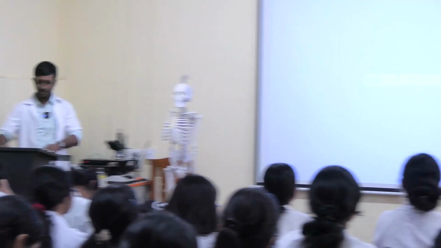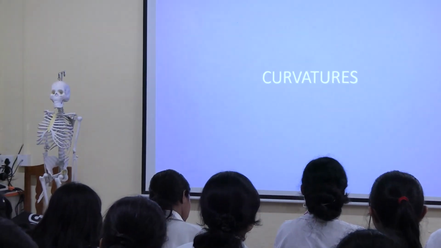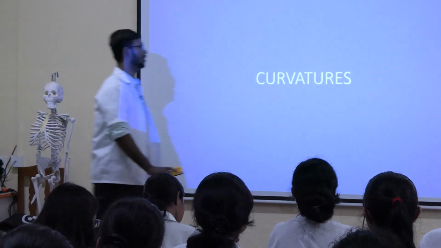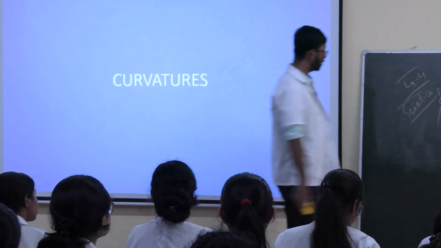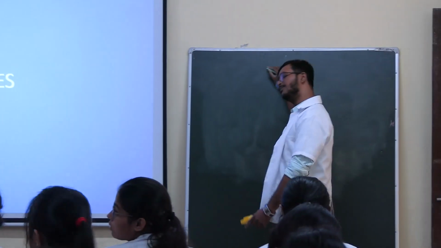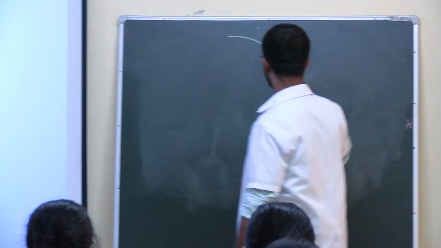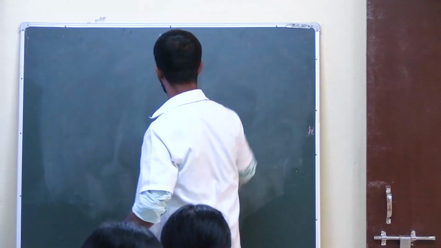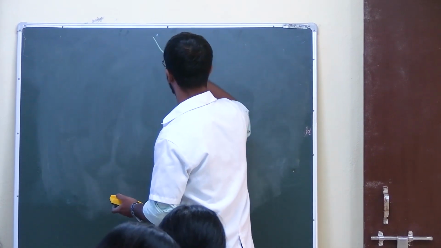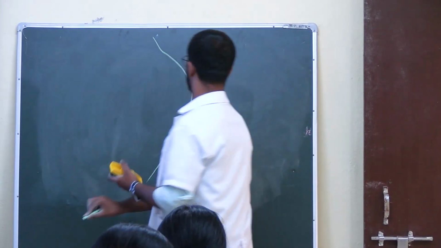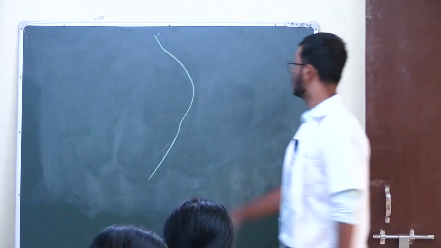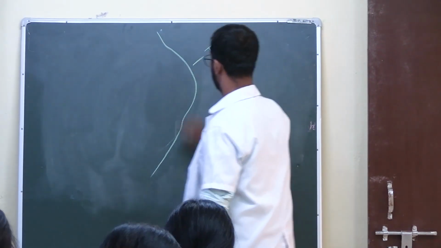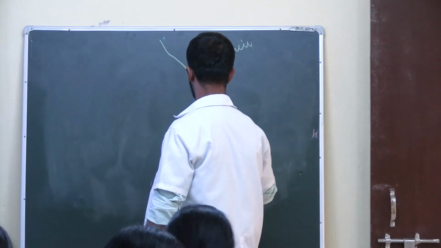Now curvatures. When a baby is born, it has a curvature like this. The vertebral column in a baby is somewhat like this, and this is your sacral.